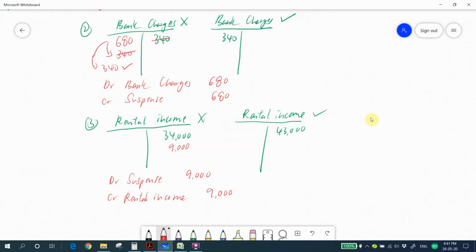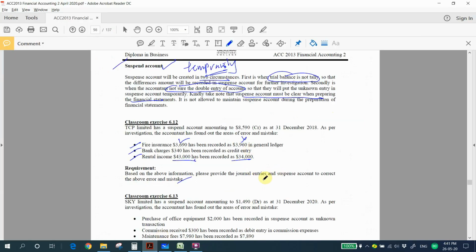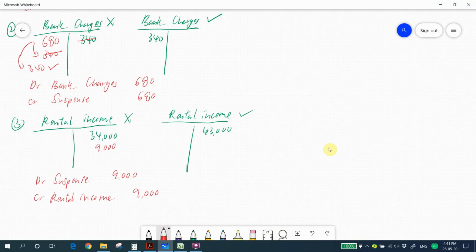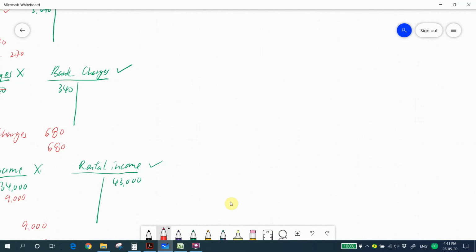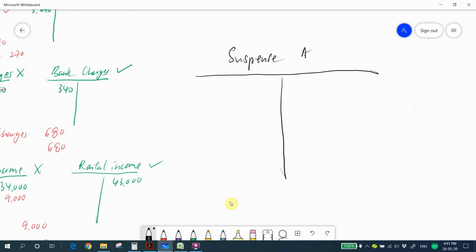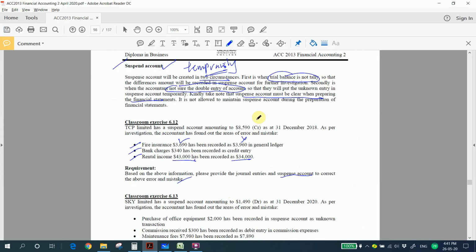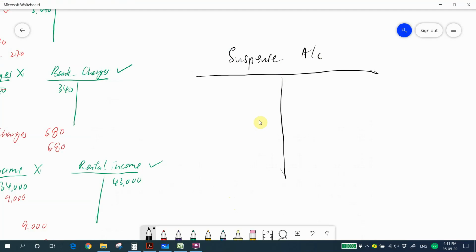But we haven't ended our question, because in this question they want us to prepare the suspense account as well. So we draw a simple suspense account. So this is the suspense account. Credit 8,590.